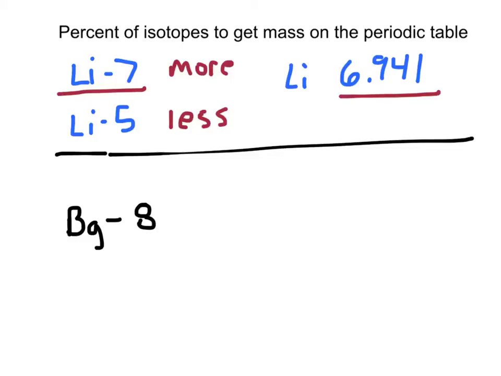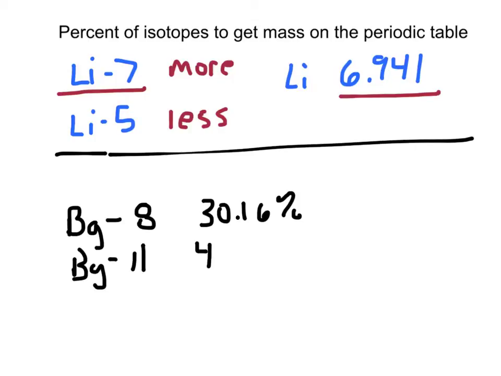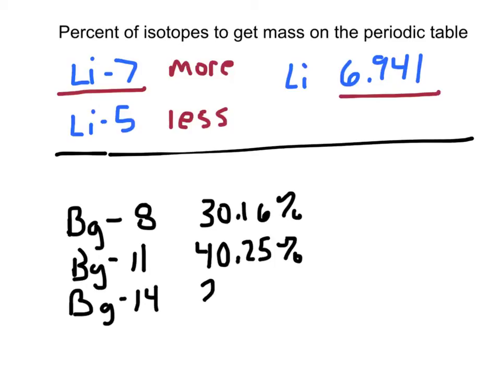And of 8, there are 30.16%. And I have bogus here of 11. And it's a percent of 40.25%, and I have a bogus of 14, which is made up of 29.59% of the whole amount.